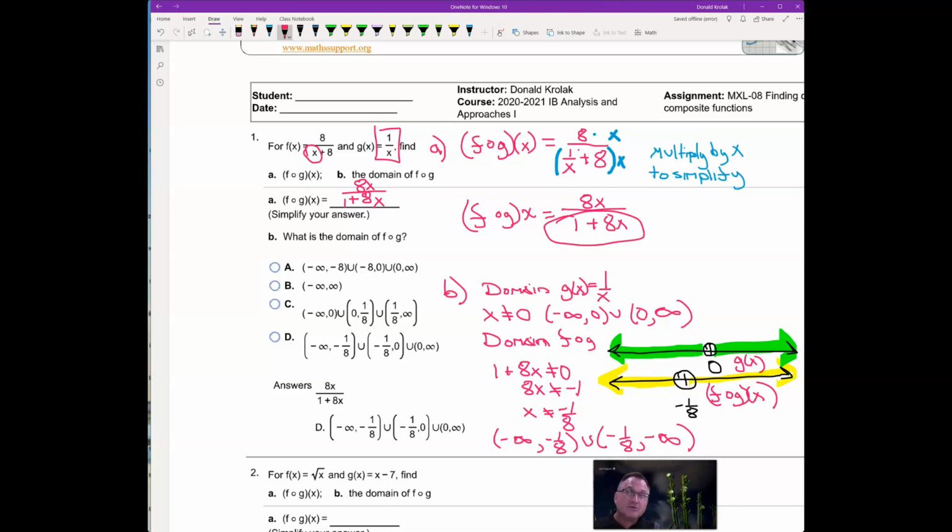Now, these two domains overlap. Any part that is both yellow and green is part of my solution. All the way until I get to negative 1/8, it's yellow and green. But at negative 1/8, it's green but not yellow, so that point is not in my domain. The first part of my domain is from negative infinity up to negative 1/8.